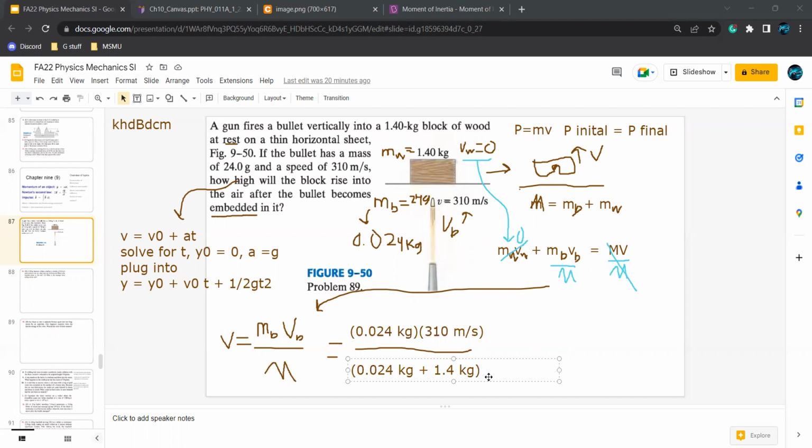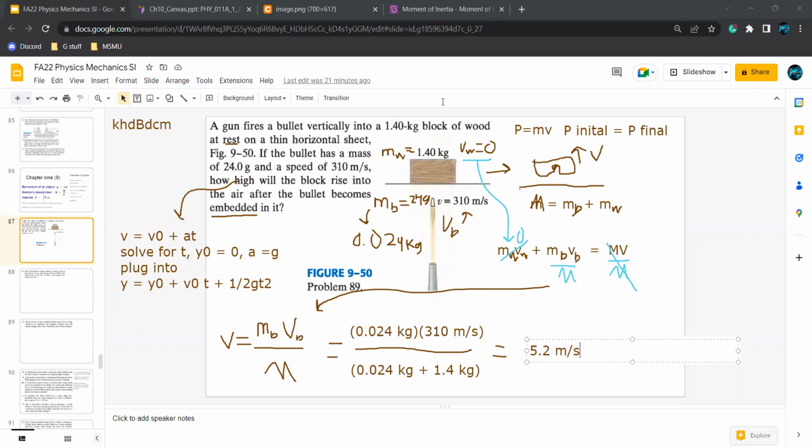You solve for that, it should equal... what did I get? I still need to plug it in. 0.024 minus 310. 5.2 meters per second.